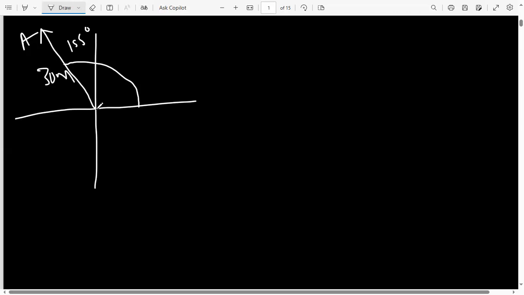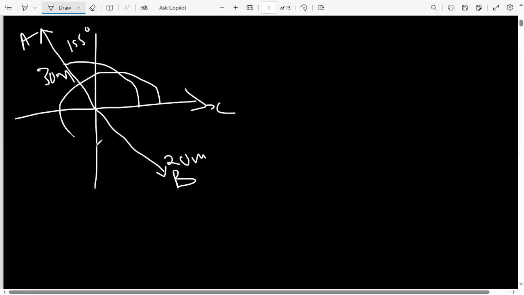And then another vector that we have is vector B, which is here. So this vector B, it has a magnitude of 20 meters. So what is the angle from the positive x-axis here? The angle will be from here all the way up to here, and remember, it is 340 degrees. Okay, and now we can use these angles and these magnitudes to find the resultant.